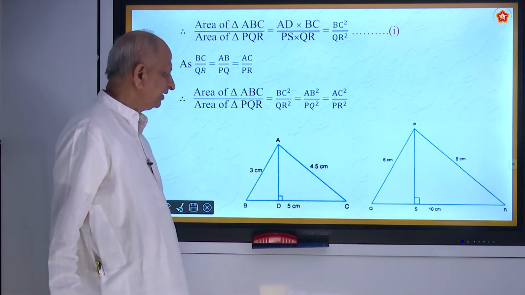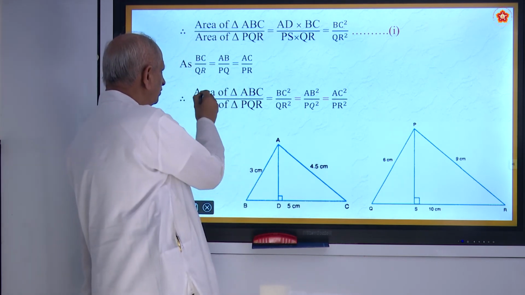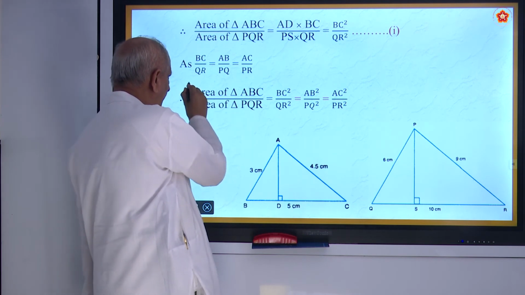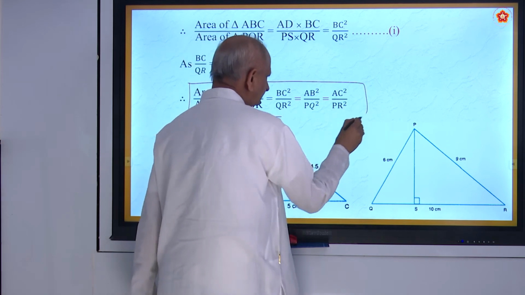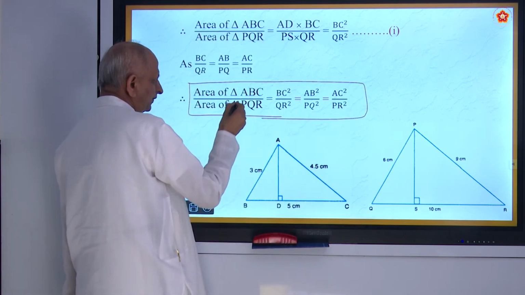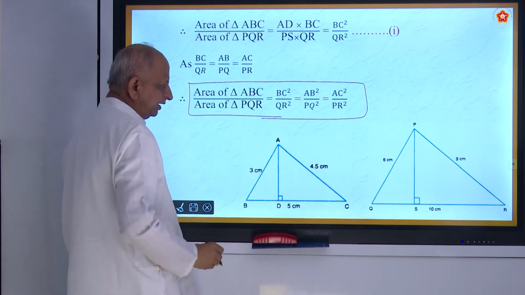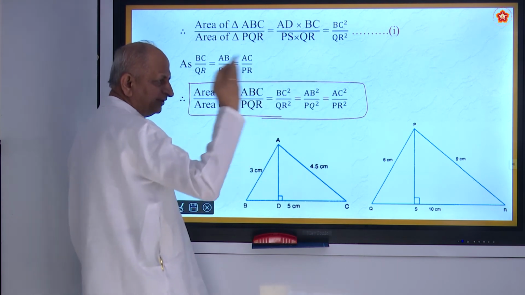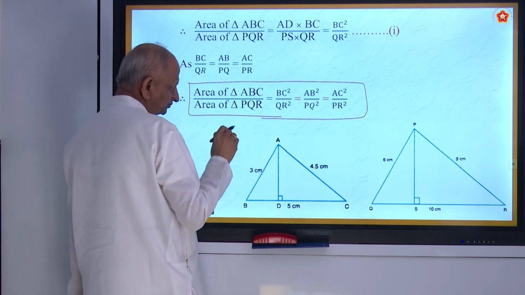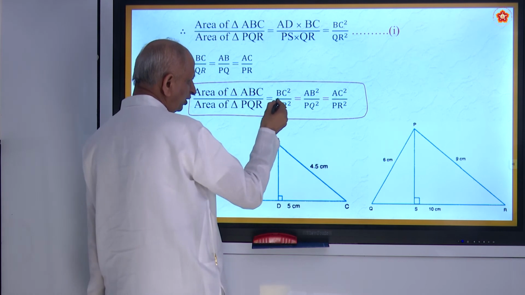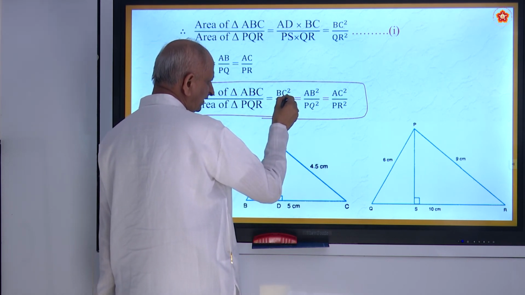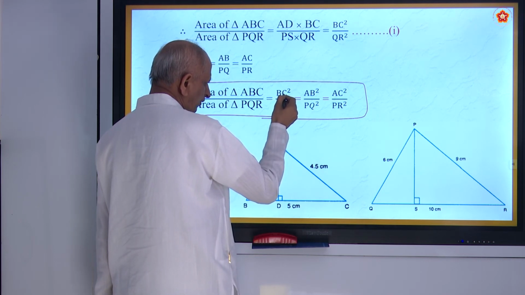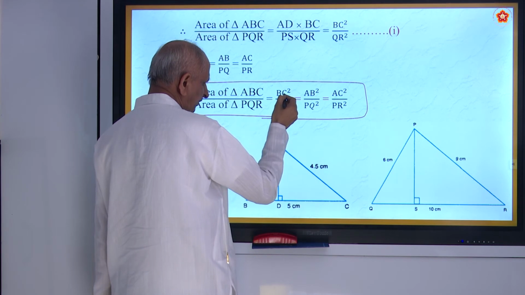They are proportional. So area of triangle, very important result. Area of triangle ABC by area of triangle PQR, or any number of areas you can take, is equal to the ratio of the squares of the corresponding sides.